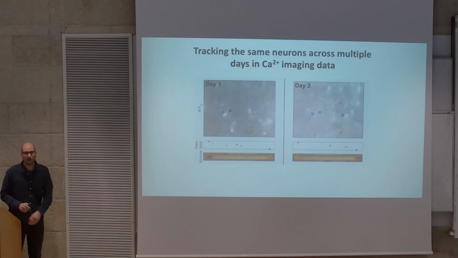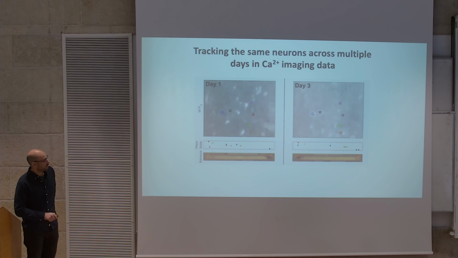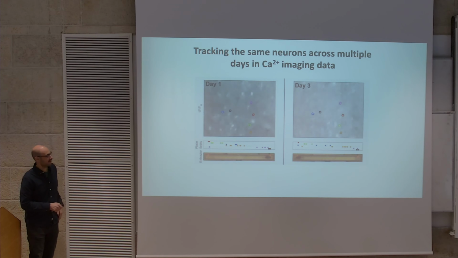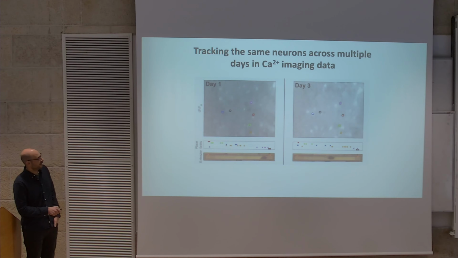This is an example of a typical data set that we obtain in the lab. You can see the same mouse running back and forth along a simple familiar linear track on 2 different days of the experiment, while we image neuronal activity in its hippocampus CA1. If you pay attention to the middle pane, you can see where the mouse is located when each of these 6 example cells fires. These are not just any cells that we picked at random. These are hippocampal place cells, cells that encode the position of the mouse within the environment.